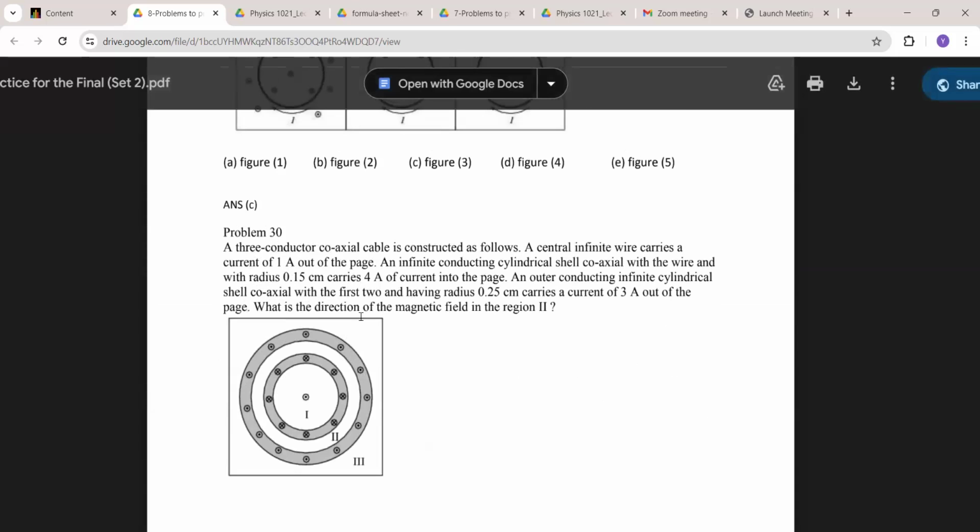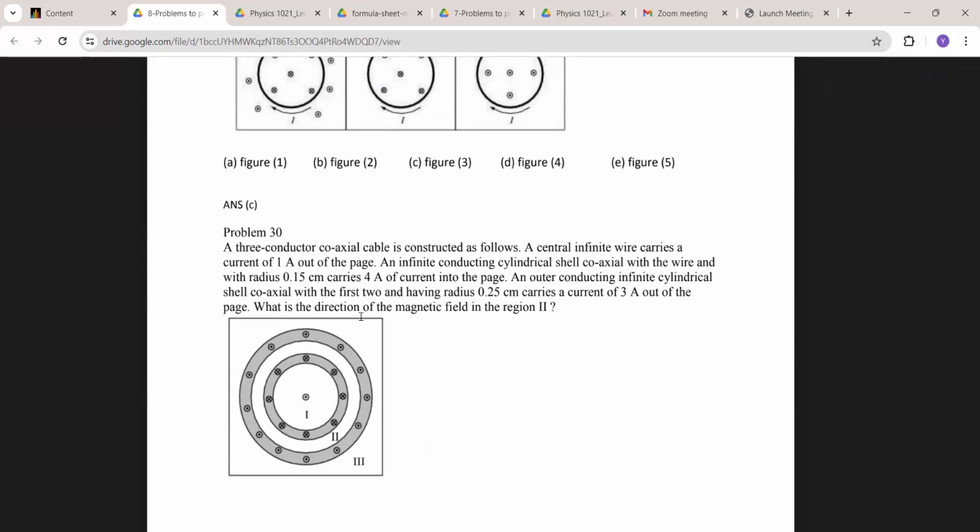What about this question? We have three conductors. Coaxial cable is constructed as follows. A is the central bar, center infinite wire carrying current 1 ampere out of the page. Actually, you have solved something similar in the review. Here, I have current I, 1 ampere out of the page, an infinite conducting shell at a radius of 0.15 centimeter carrying 4 ampere, and another one at 0.25 centimeter, 3 ampere.